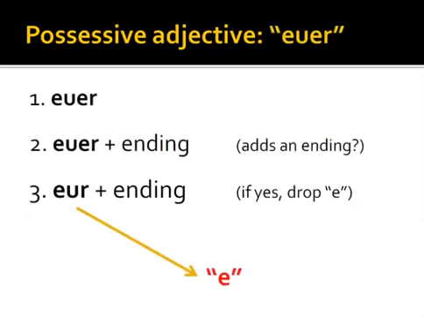We have the normal default way to write euer, as you see in step 1, E-U-E-R. Now, in step 2, we want to add an ending to euer, for example, to modify an accusative masculine noun, as we saw in the previous slide. We're going to have to tack an ending on.